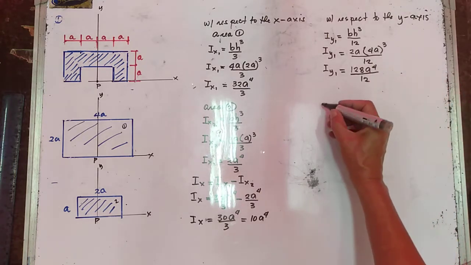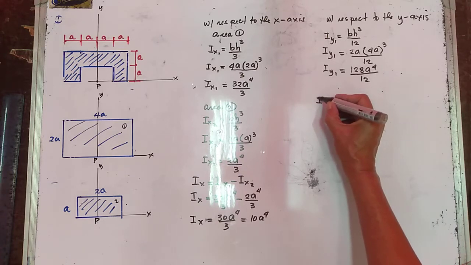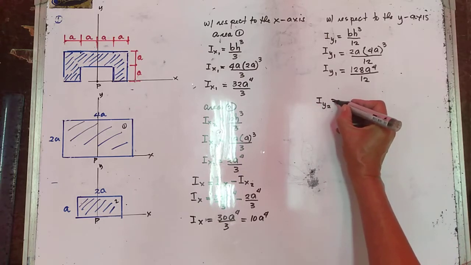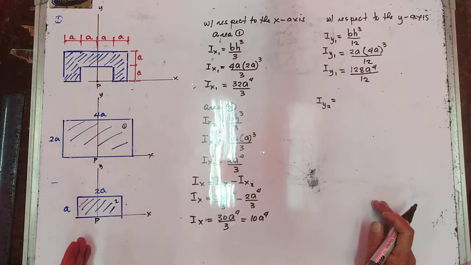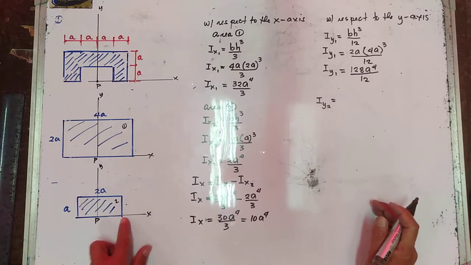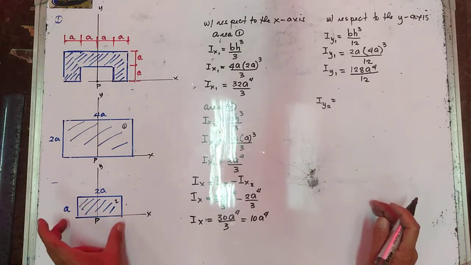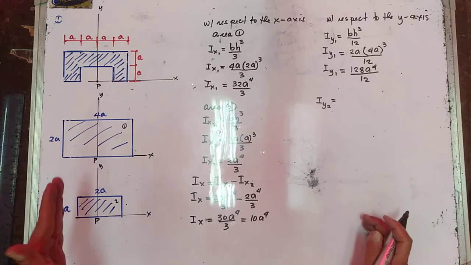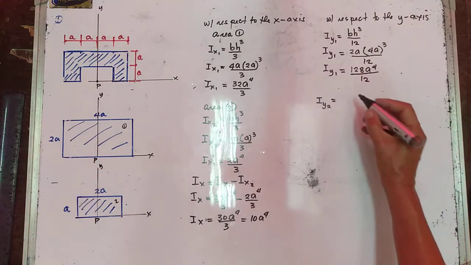For area 2, we have your Iy2. Again, the y-axis in here passes through the centroid of this area, so we have to use the centroidal formula for the moment of inertia with respect to the y-axis.